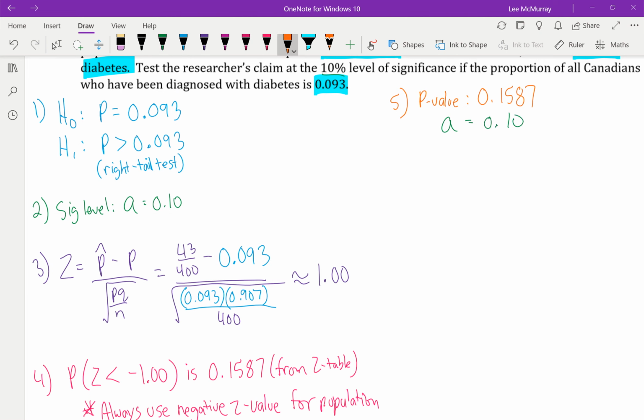So obviously the p-value is greater than alpha. And then we say, therefore, there is not sufficient evidence to reject the null hypothesis.